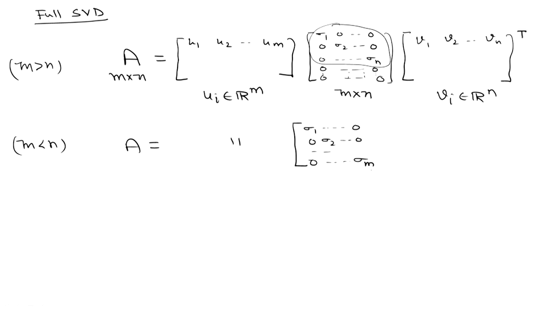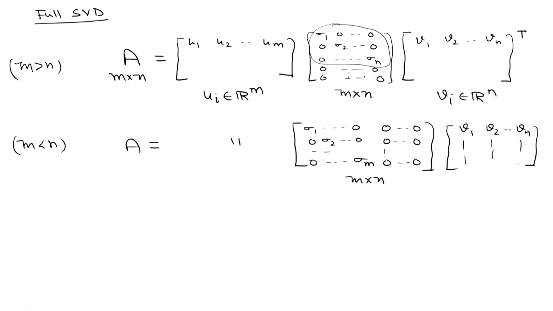So an m by m diagonal submatrix and then n minus m zero columns to make it m by n, and then finally V transpose, which is again an orthogonal matrix.